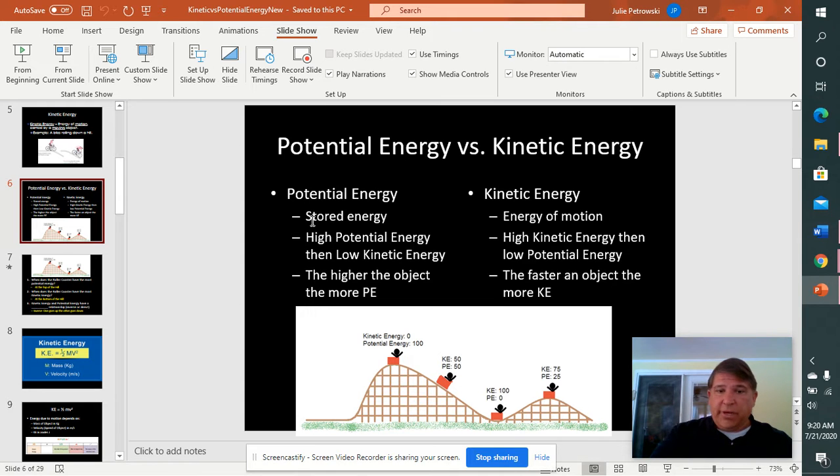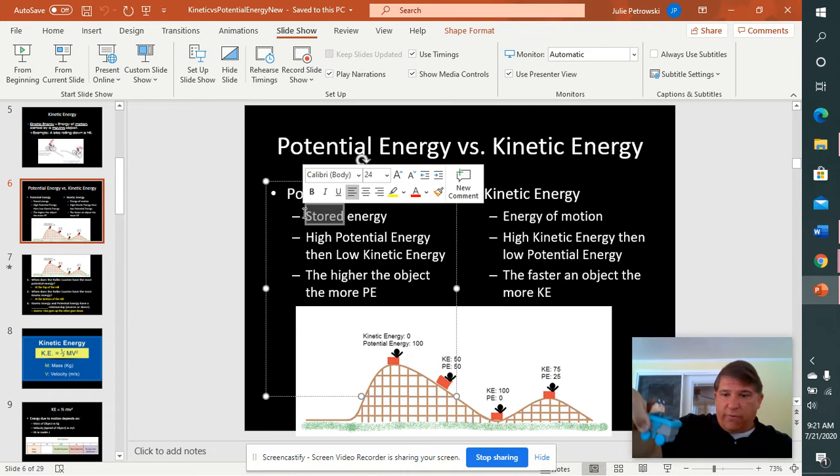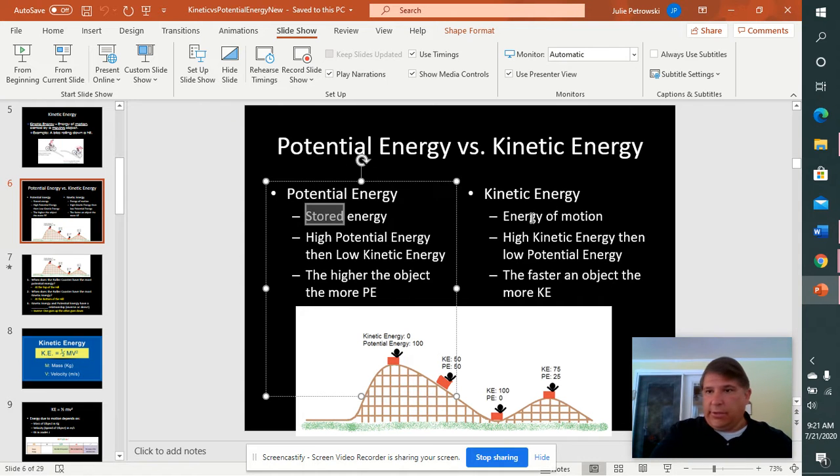The higher the object, the more potential energy. In other words, the higher the hill Bob's on, the more potential energy. Now, when Bob goes, it's called kinetic energy. It's the energy of motion. High kinetic energy and low potential energy.